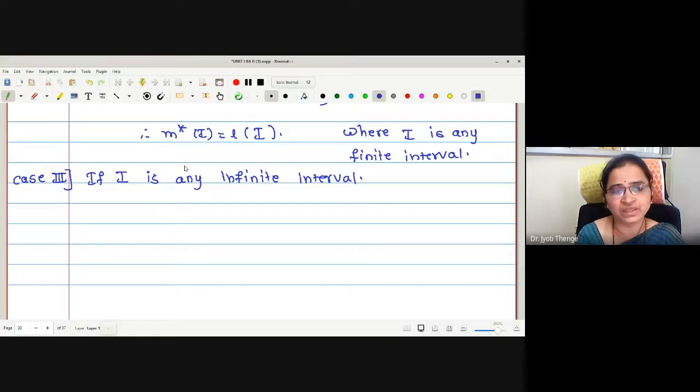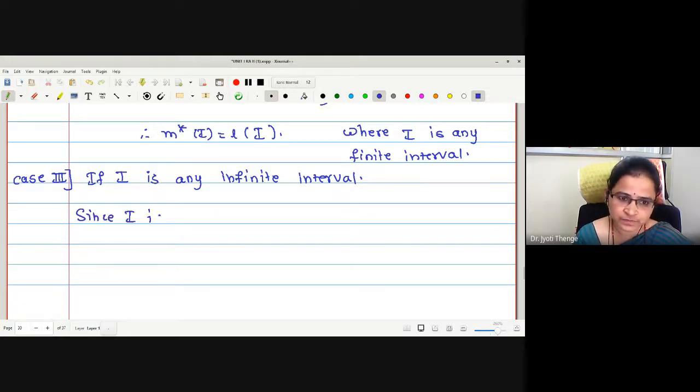What is the job in this section? Just to prove that the outer measure is infinite. To prove that the outer measure of this infinite interval is infinite, what will we do? Again, we will try to find one closed interval contained in I whose length is any real number.